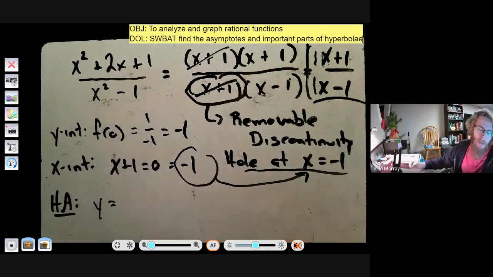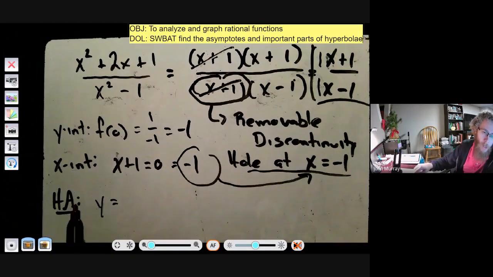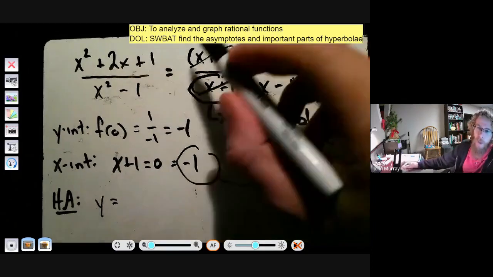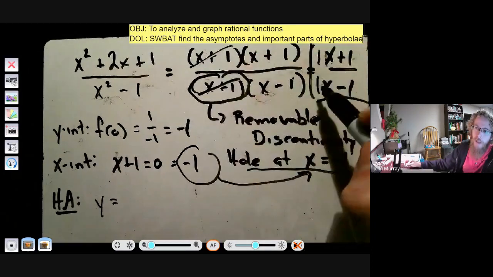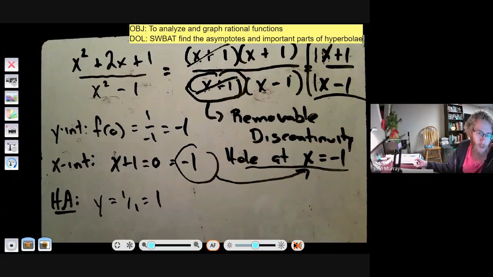Horizontal asymptotes are always going to be y equals a number, because a horizontal line is y equals. So looking at the coefficients, it's 1 over 1. So our horizontal asymptote is just 1.